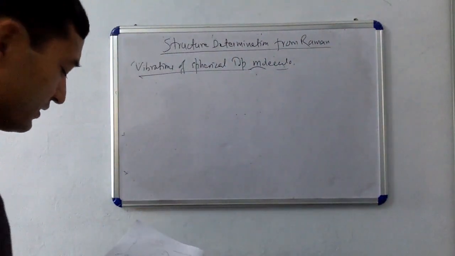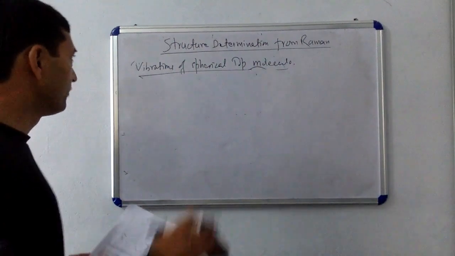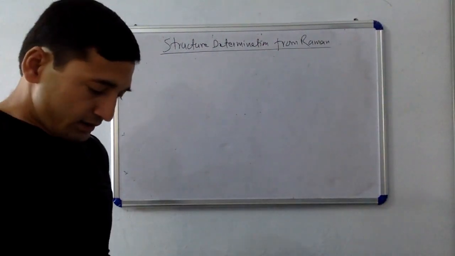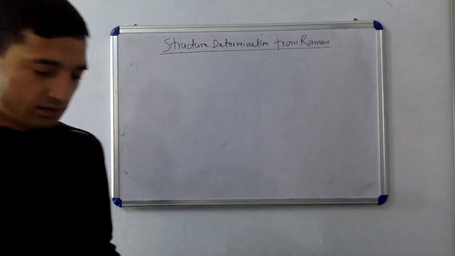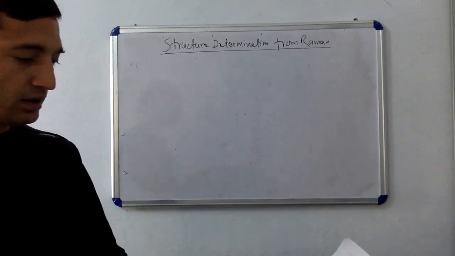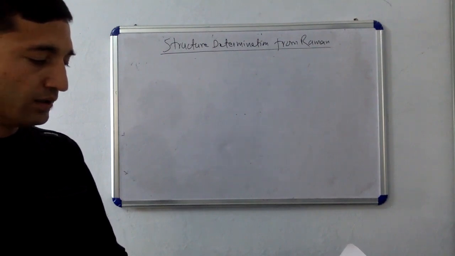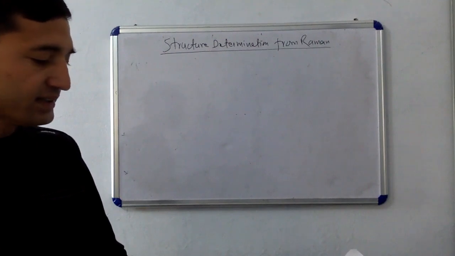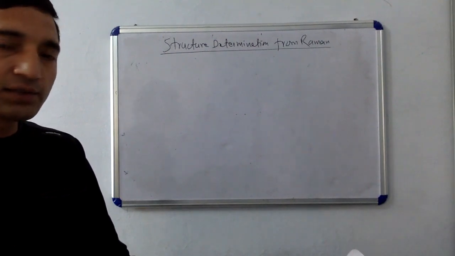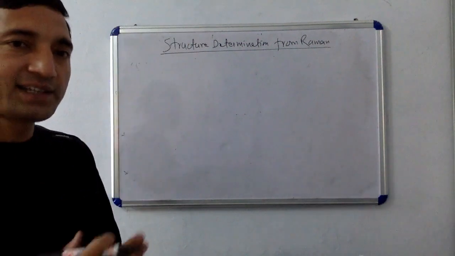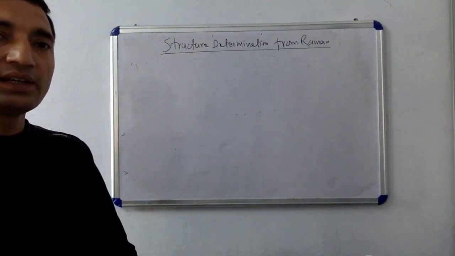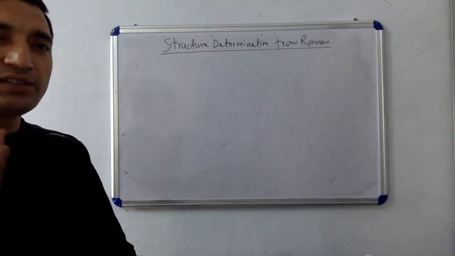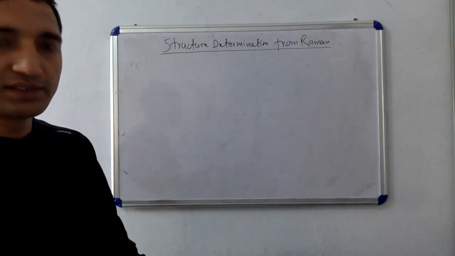Now, an extension of the same phenomenon to some other types of molecules. As we have just calculated, once you have linearly polarized light, we say it is a symmetrical molecule, and if there is a little bit of asymmetry, then you have some depolarization.